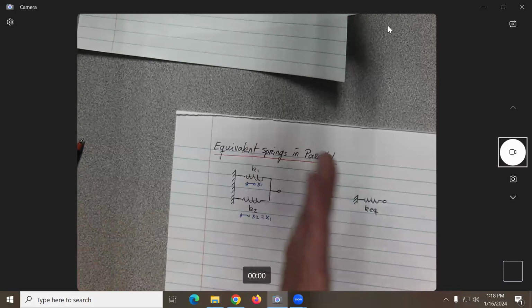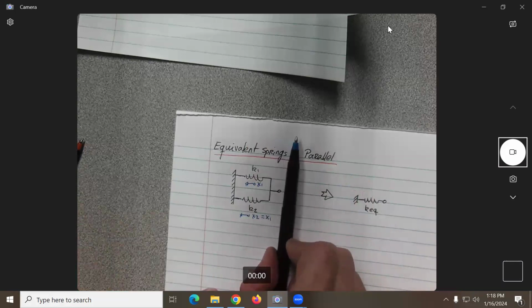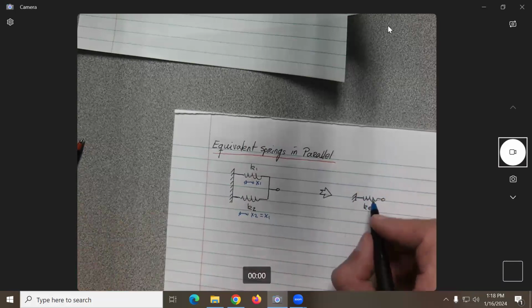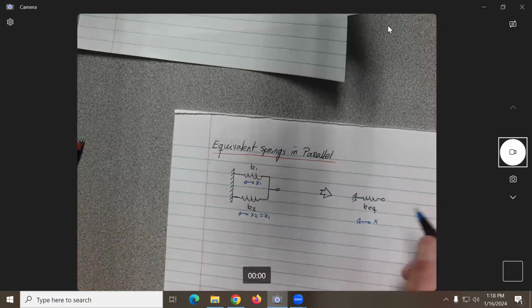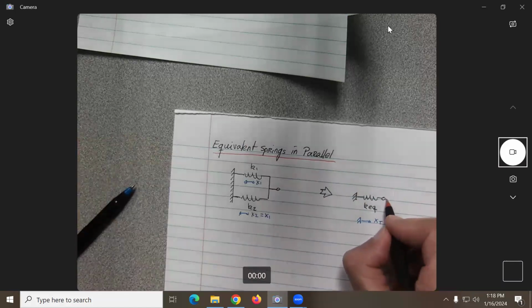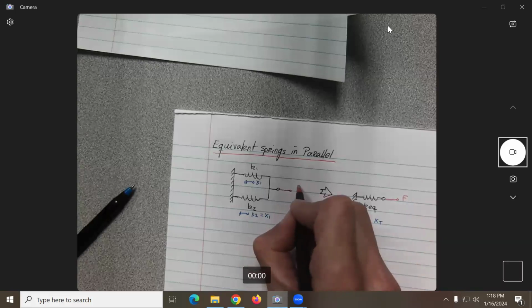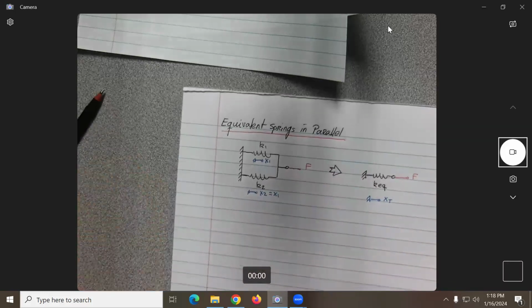If you pull this rigid bar over here, the two springs are going to move the same distance, no? Yes? Okay. And this should be X total as before. And we need to put a force like always to make it work out.